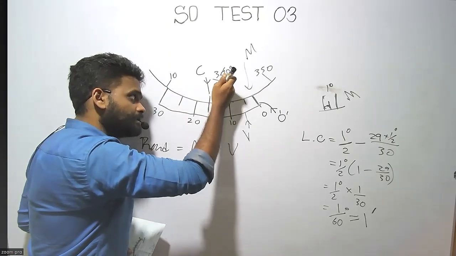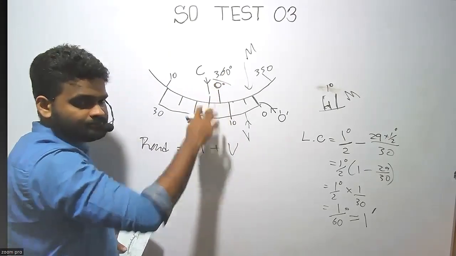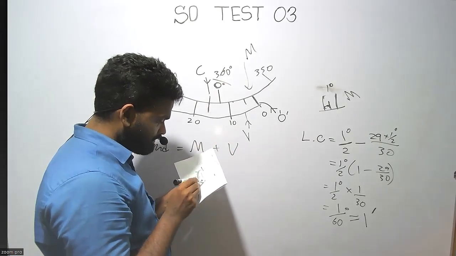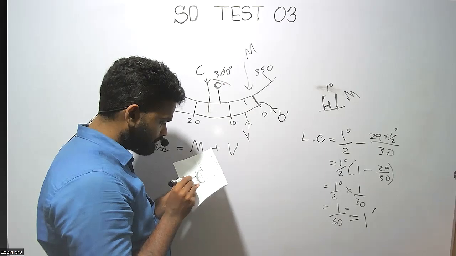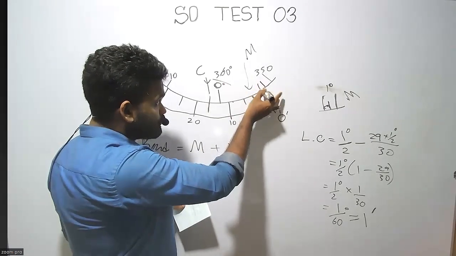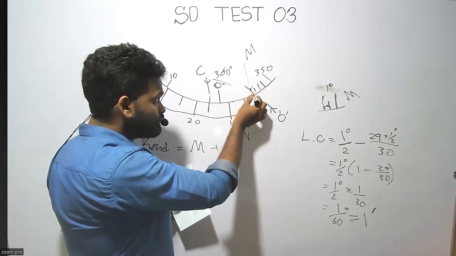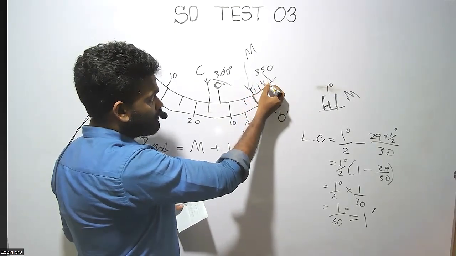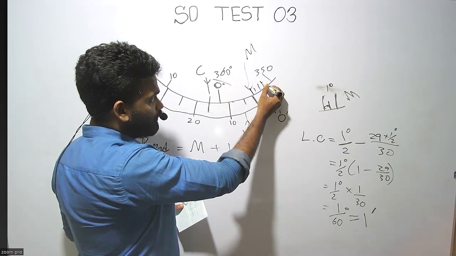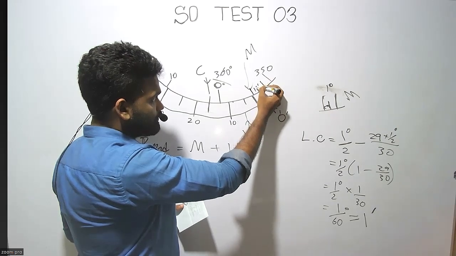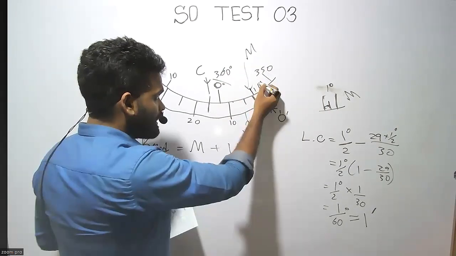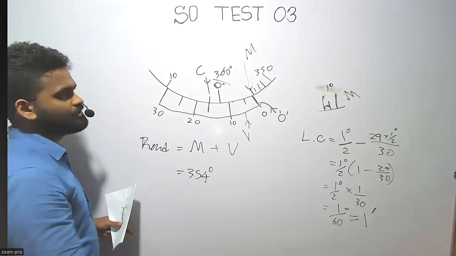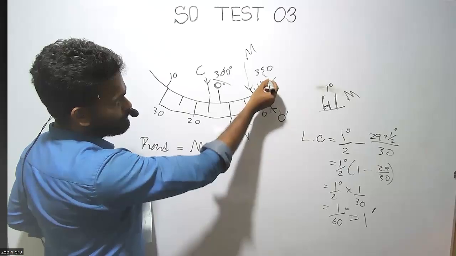So 360 degrees and 0 degrees are the same point, same division. So as you can see here, 1, 2, 3, 4 degrees. Up to 4 degrees you can measure it here. 4 degrees means 351, 352, 353, 354. Up to 354 degrees can be measured from the main scale.